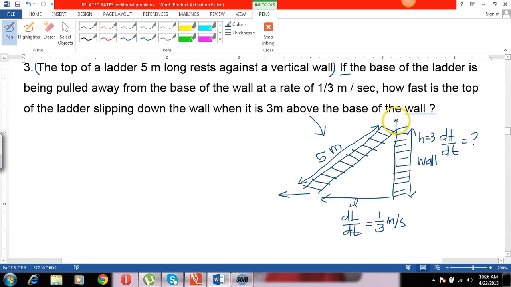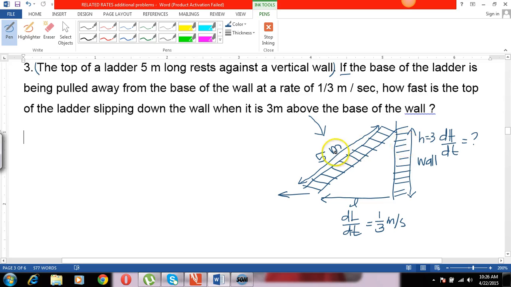Alright. So for this problem we use the Pythagoras theorem.